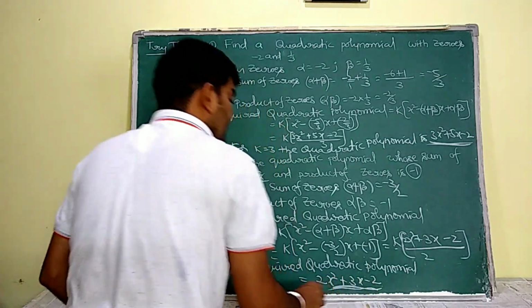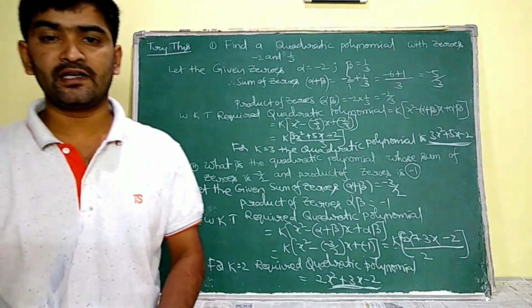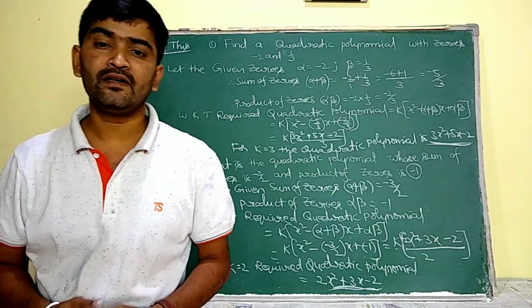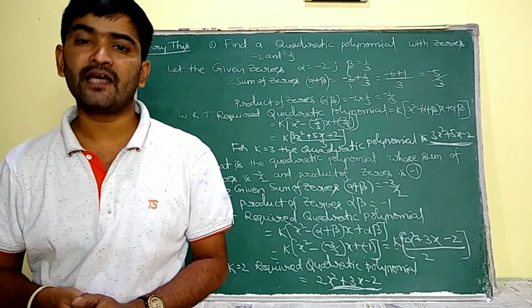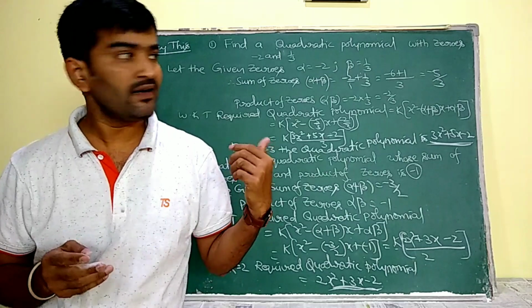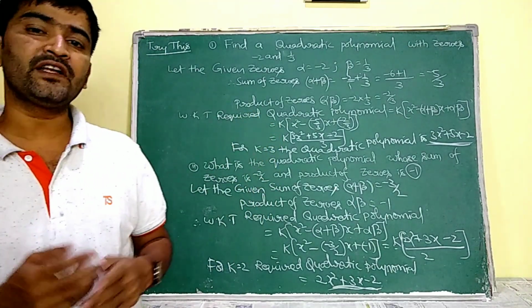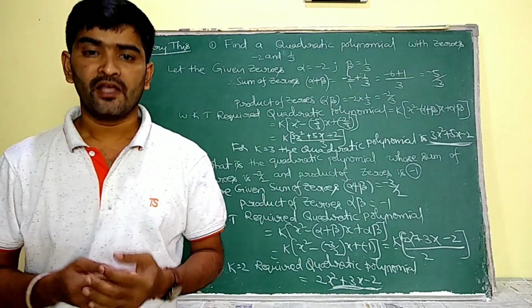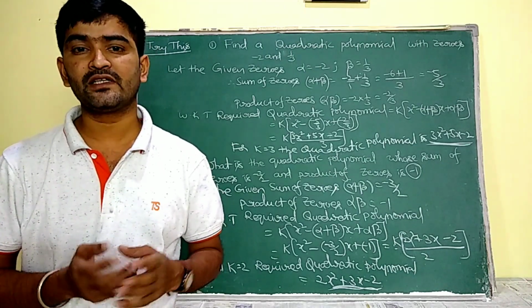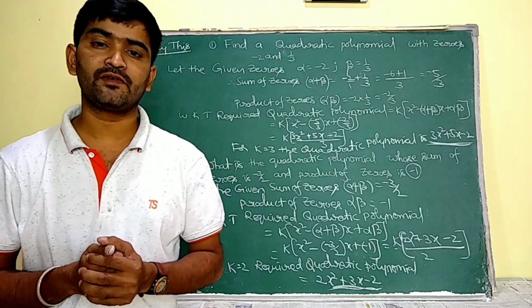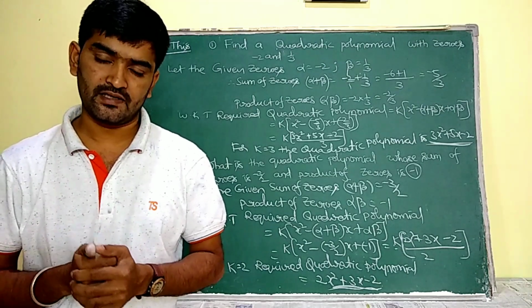We have to write now. Understand? In this way we are going to calculate the zeros and the relationship between zeros and their coefficients. And we have to find the quadratic polynomial if the zeros are given. Now these are the three different concepts we are going to discuss in this exercise.